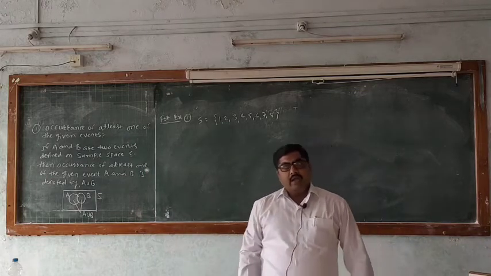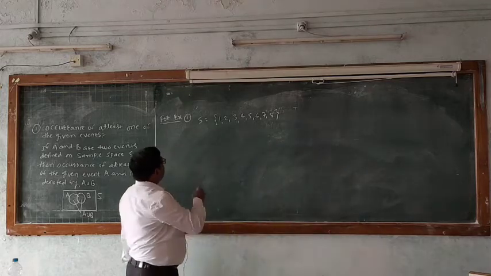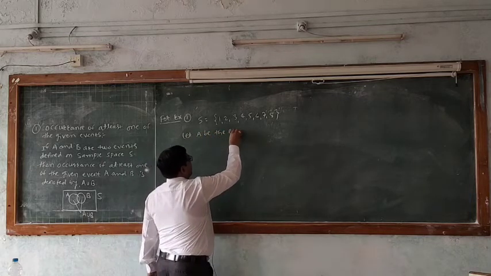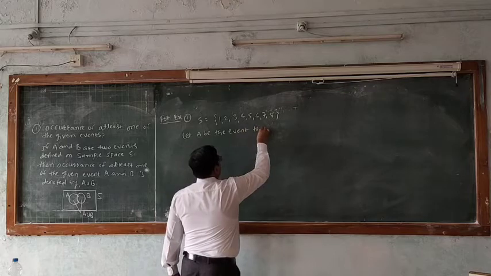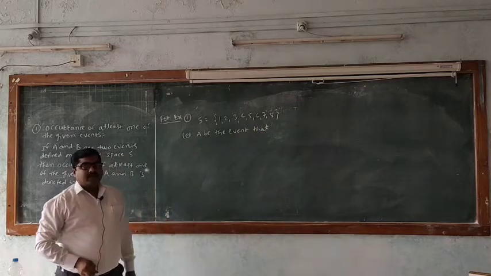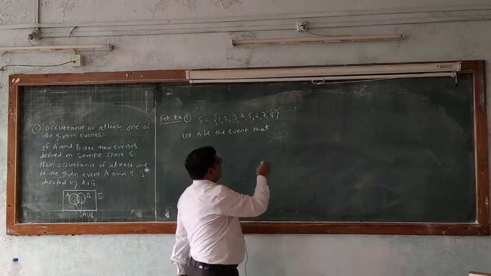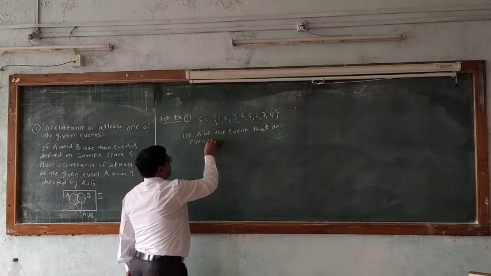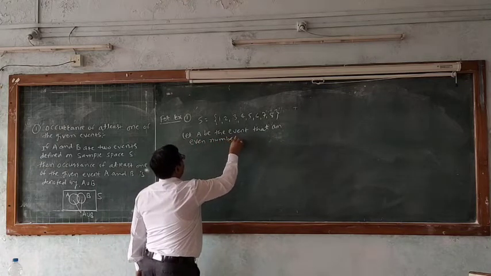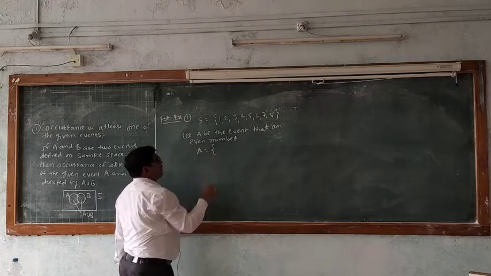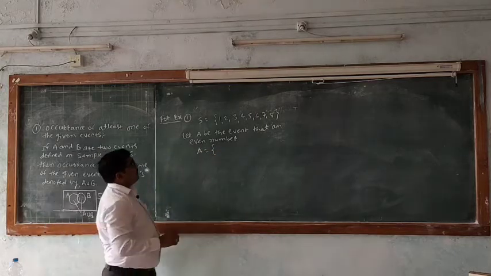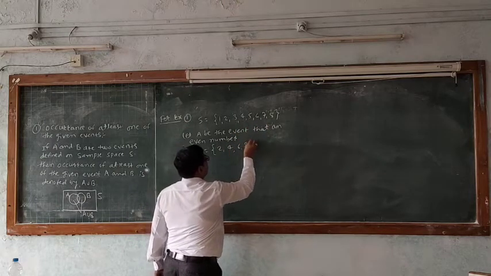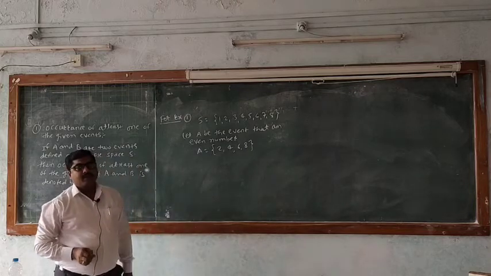Then define the event A. Let A be the event that an even number occurs. So A equal to 2, 4, 6, 8, right? This is your A.